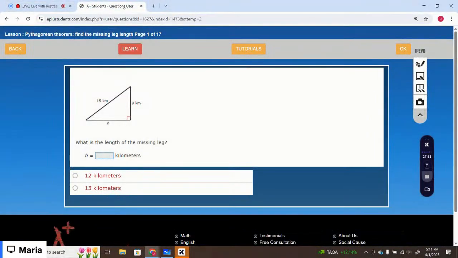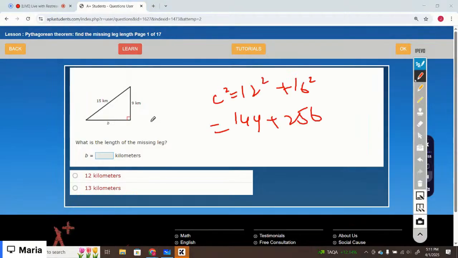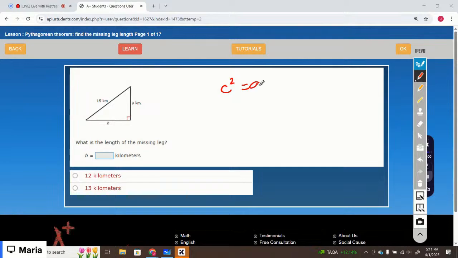The length of the missing leg. So we need to find b. We know that c square equals a square plus b square. C is 15, a is 9. We need to find the value of b.